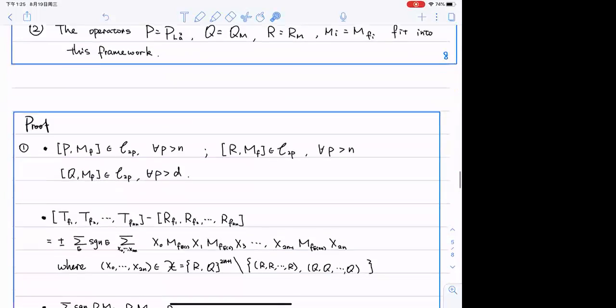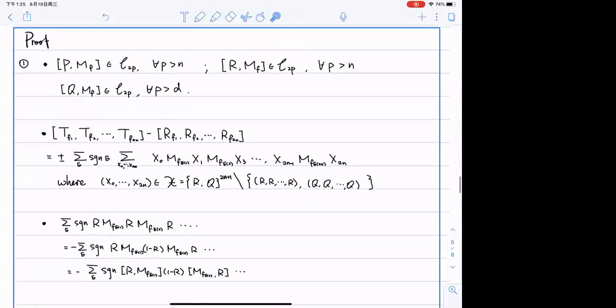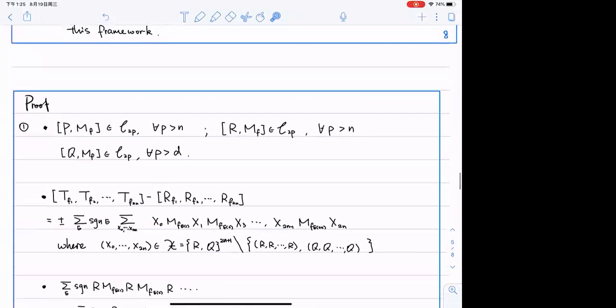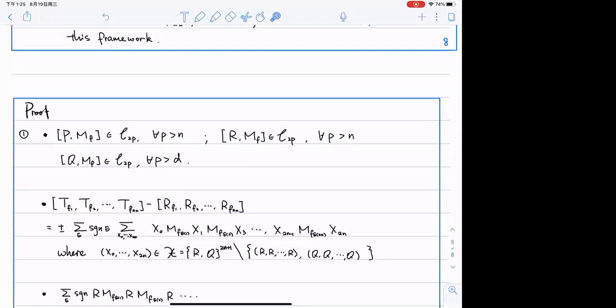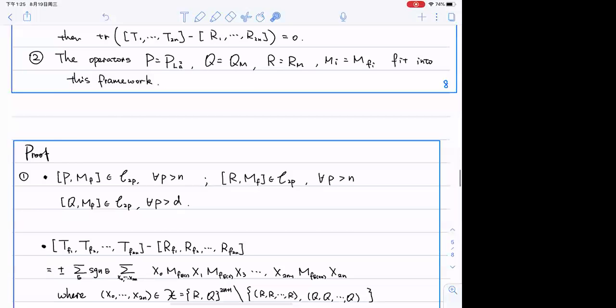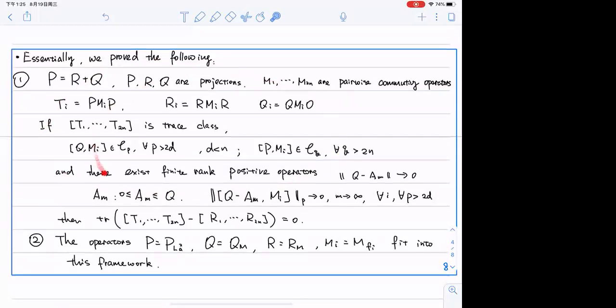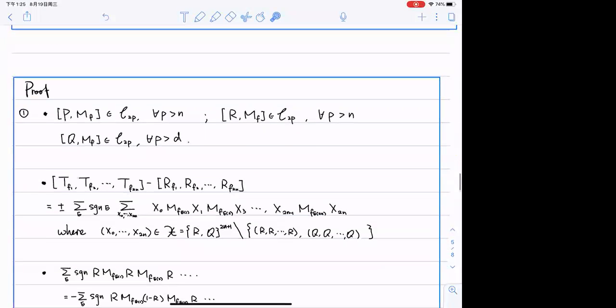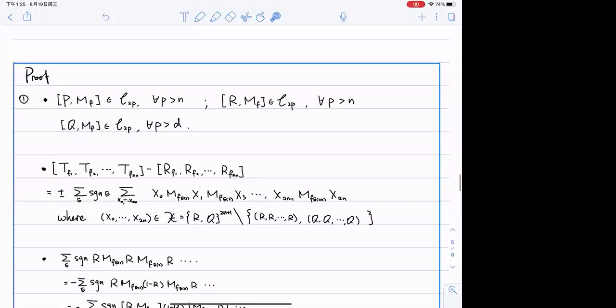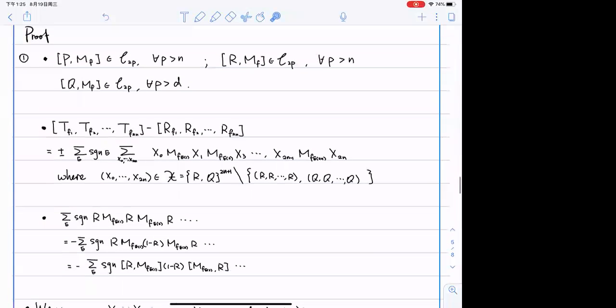So here is a little detailed explanation. For part 1, which is our framework here, I'm using the old notation. This is what we have, and I will show you some algebraic techniques.